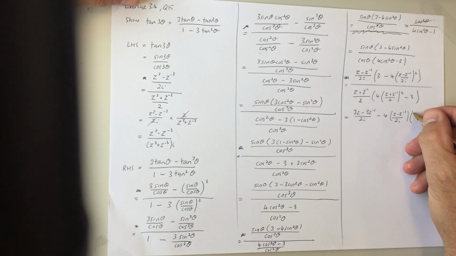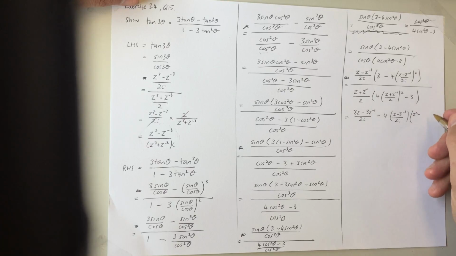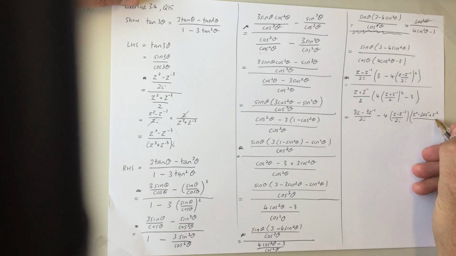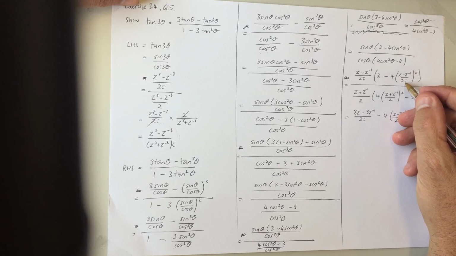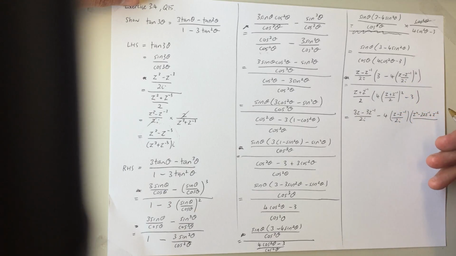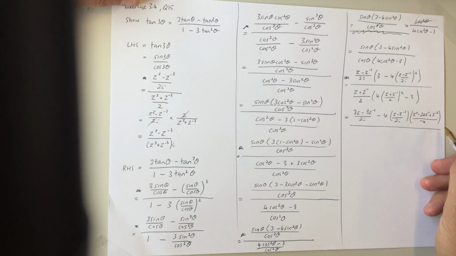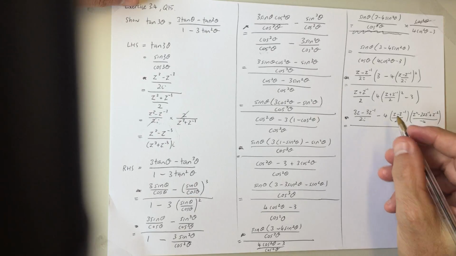So this squared is going to be z squared subtract 2z times z to the power of -1 plus z to the power of -2, all over 4i squared. So 4i squared is -1, so that's going to be over -4. Alright, so a lot of algebra there in that one line, and it's going to be similar down here.